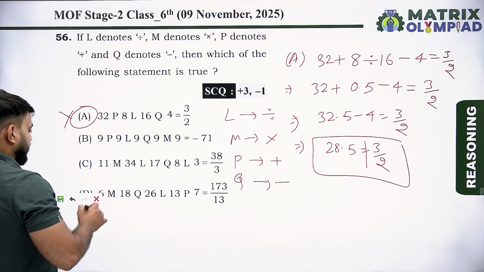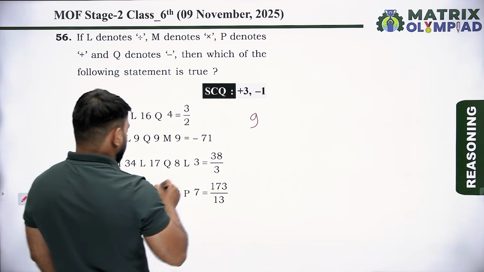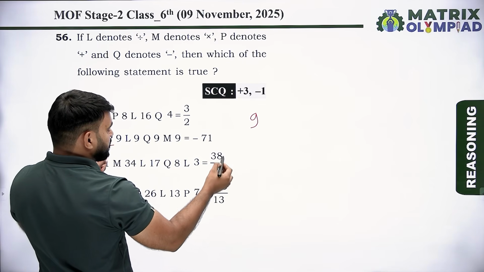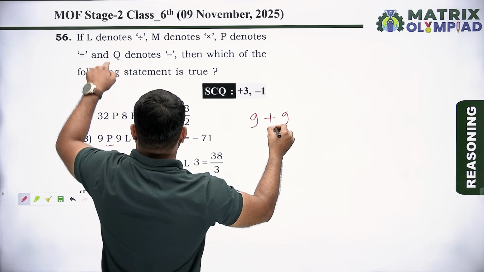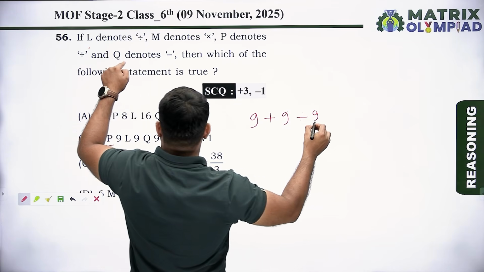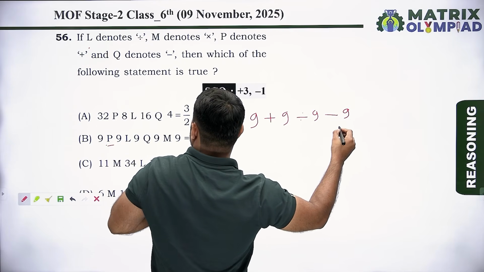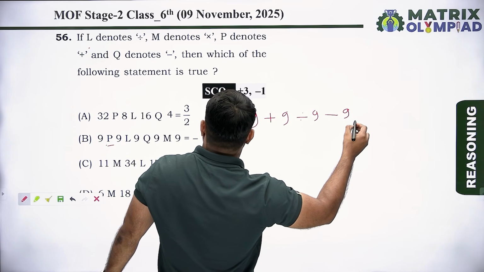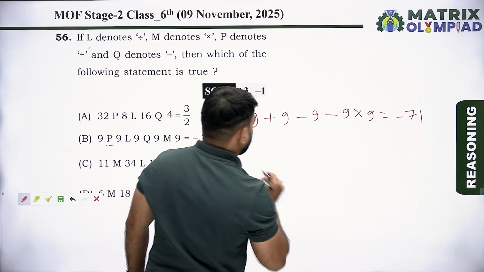Now taking option B, according to option B, 9, P means plus 9, L it means divided by 9, Q it means minus 9, M means multiply by 9 is equals to minus 71.